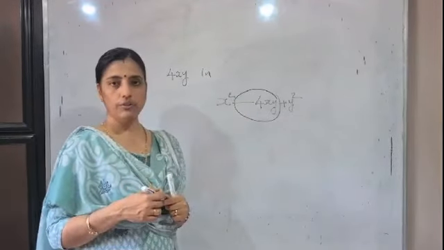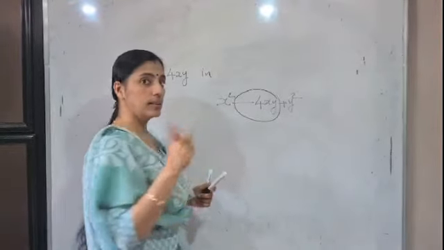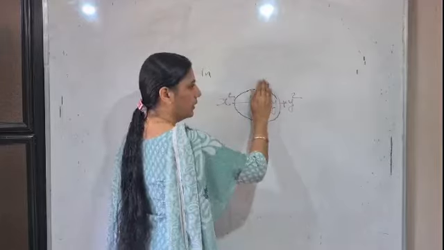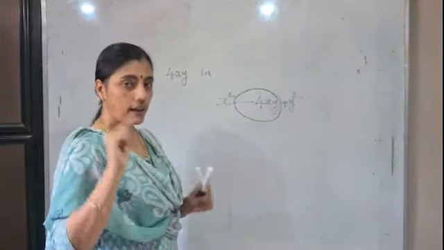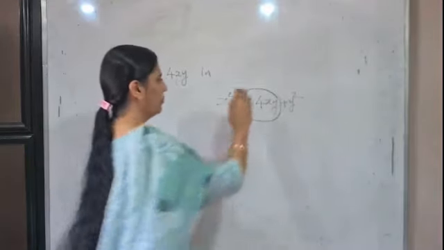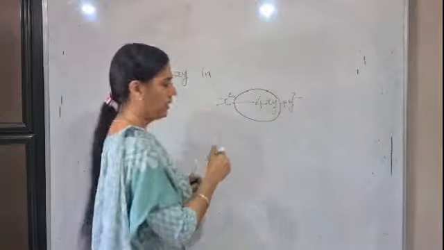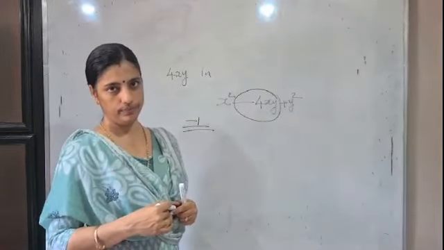If they are asking the coefficient of something, you remove that something. They are asking the coefficient of 4xy, so I removed 4xy. What is remaining there? Only one negative sign. So you will write -1 as the answer.